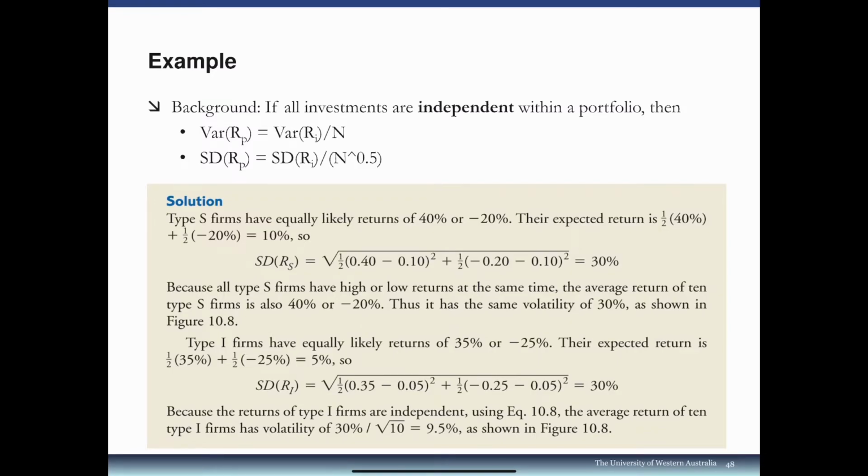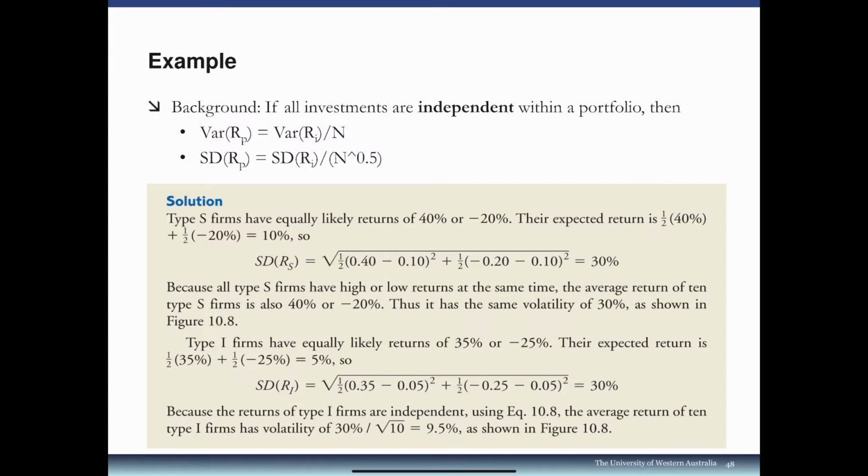So in this case, to answer this question, type S firms have equally likely returns of either 40% or minus 20%. So the expected return is 50% chance, because equally likely, times 40% plus 50% chance times minus 20%. That gives you 10%. And with this 10%, I can then plug into the variance formula.